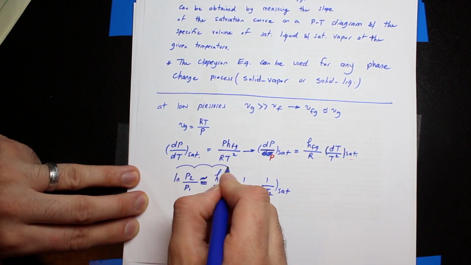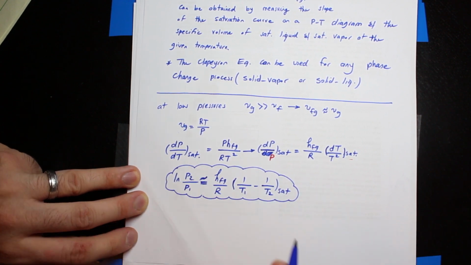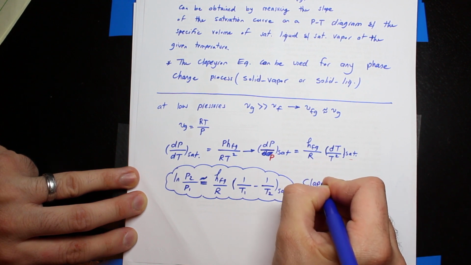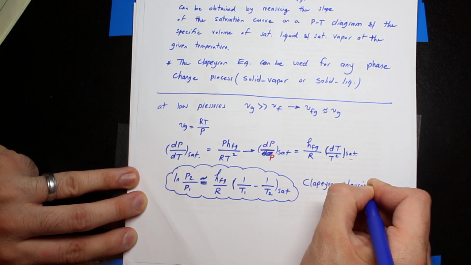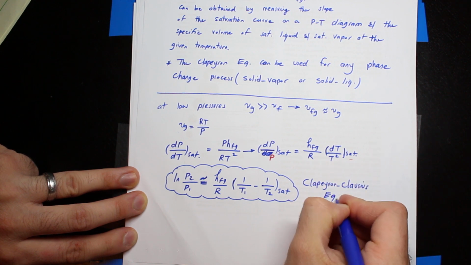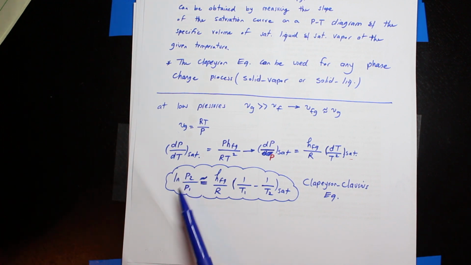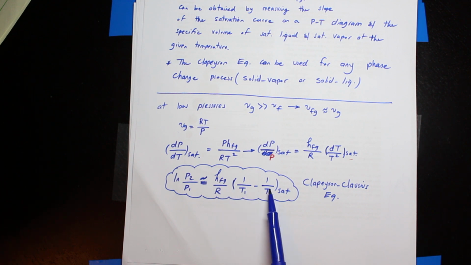And this equation is called the Clapeyron-Clausius equation. In this equation, we have the ratio of the pressures being equal to the enthalpy of vaporization divided by R multiplied by the difference of inverse temperatures during saturation.